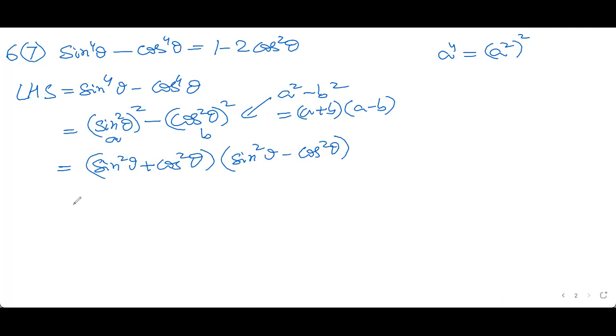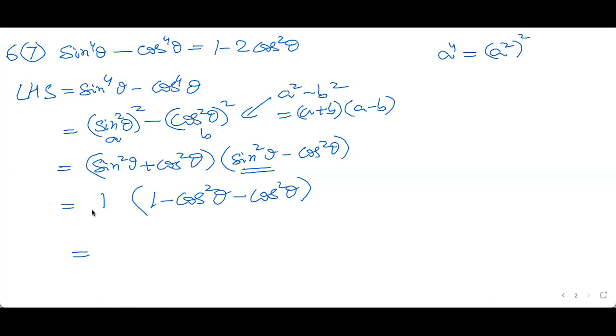From here, we know sine square theta plus cos square theta is 1. We also know that sine square theta can be written as 1 minus cos square theta, because sine square theta plus cos square theta is 1. So now we are left with the minus cos square theta. 1 multiplied by anything is that same thing. Now tell me the final step. What will be the final step?